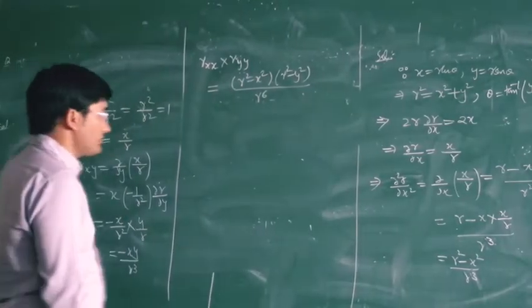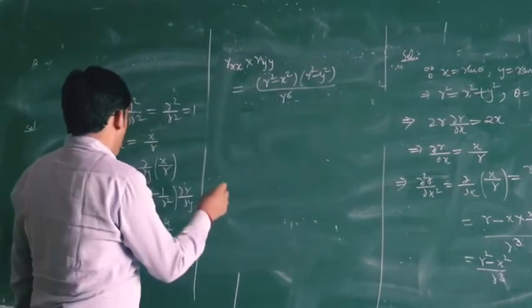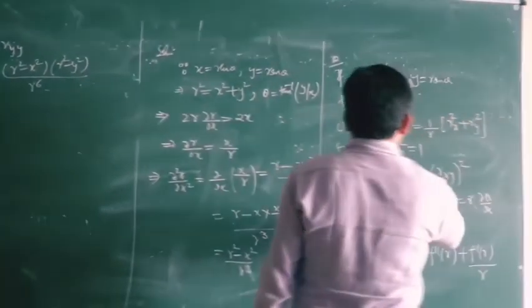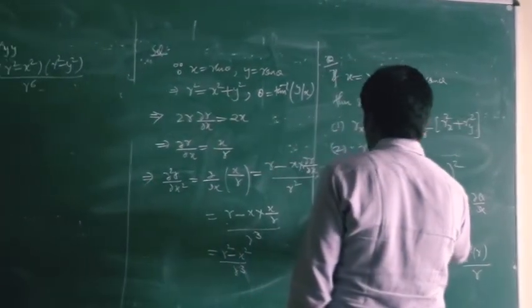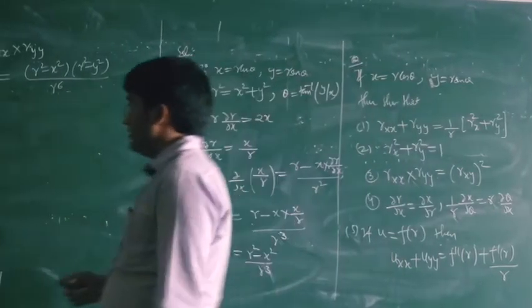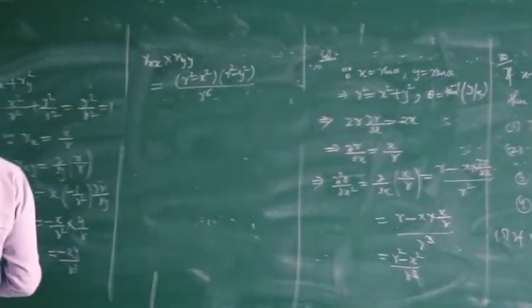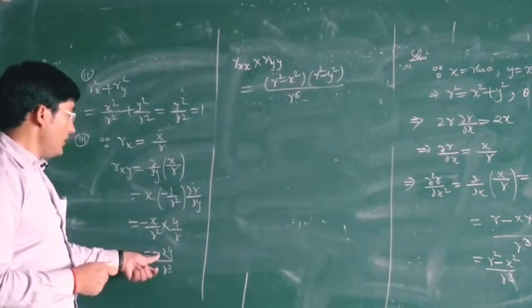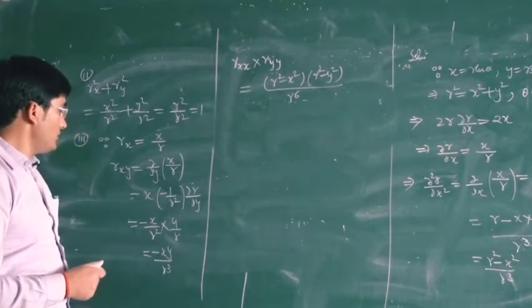So this is our left hand side, and our right hand side will be rxy whole square. Now rxy is equal to minus x y upon r cube, so its square is x square y square upon r power 6.